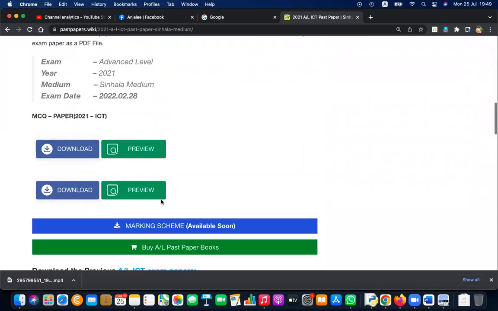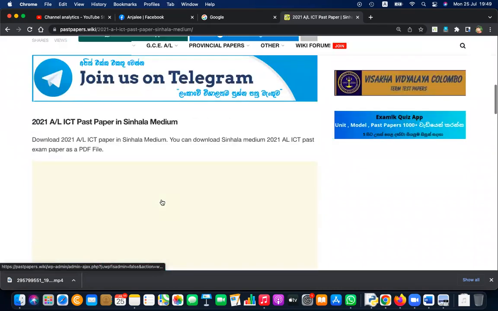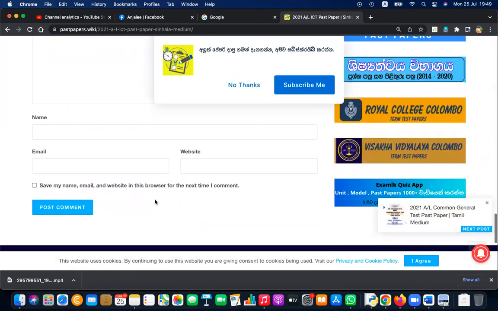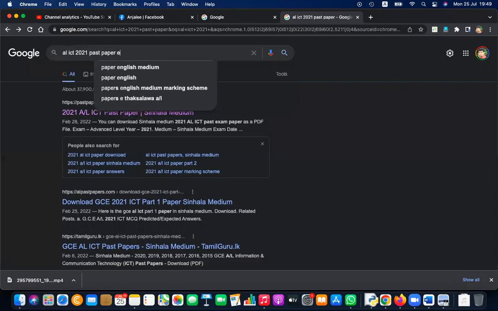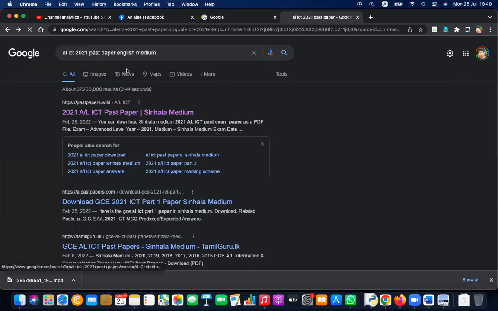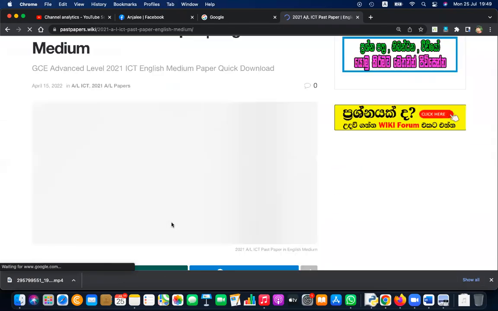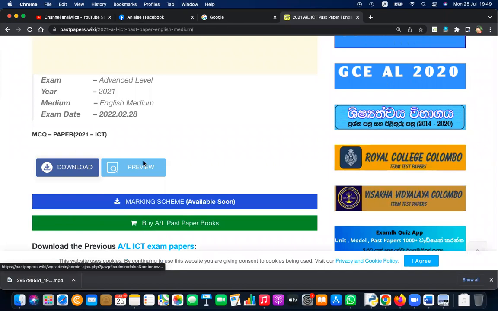This shows me this is the Sinhala medium paper, so let me go to the English medium paper and the past paper wiki. This is the advanced level paper. Let me show something interesting there. Let me preview the paper, and this is it.